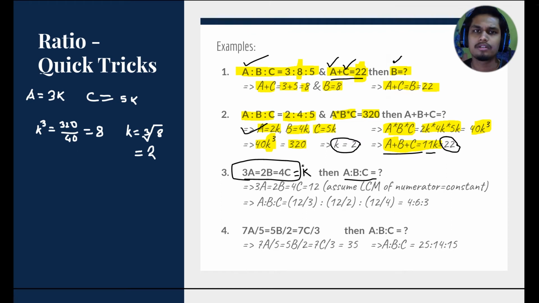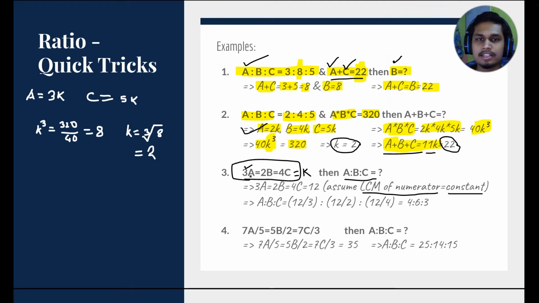Now what should be the value we should assume to solve this problem quickly? Here is the theory that we have to assume the LCM of the coefficients as the constant. Here you can see 3 is the coefficient multiplied to a.